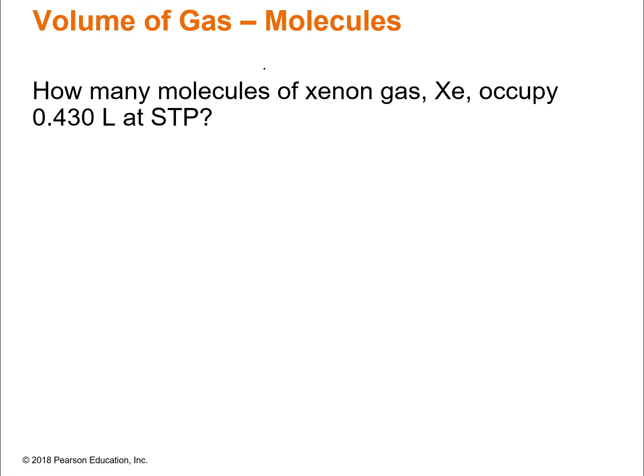Another problem type that's going to be added to our cheat sheet at the end: we're going to go from a volume of a gas to the number of molecules or atoms. It's the same thing. So this is another problem type that we're solving. We took a little detour to talk about gas density, but now we're back to talking about problem solving skills.